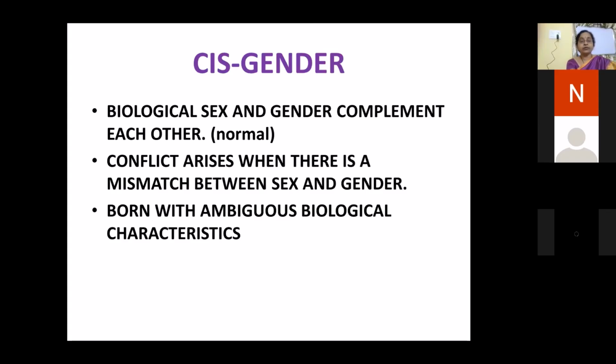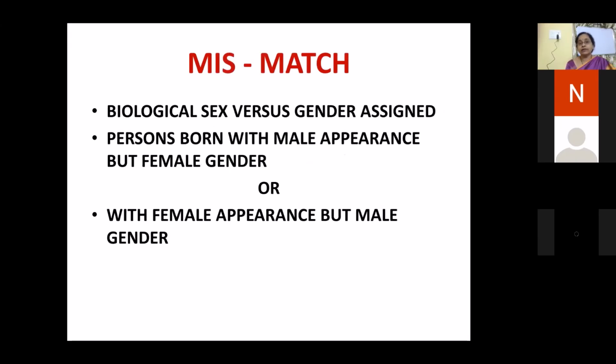And then, conflict arises when there is a mismatch between sex and gender. That's what I told you. Born with ambiguous biological characters. So we can see them, there is some kind of difference going on. The mismatch, biological sex versus gender assigned.